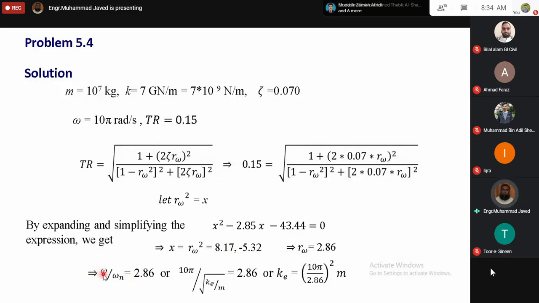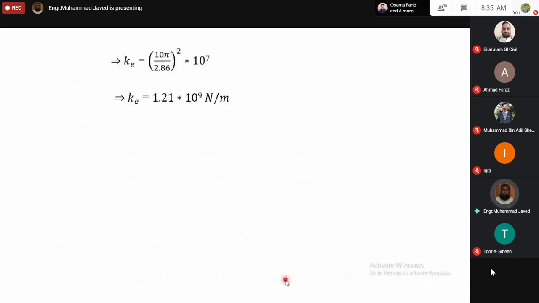Omega n is total stiffness of the system divided by mass. Mass is given, so we can calculate total stiffness of the system Ke, which comes out to be 1.21 into 10 raised to power 9 Newton meter.